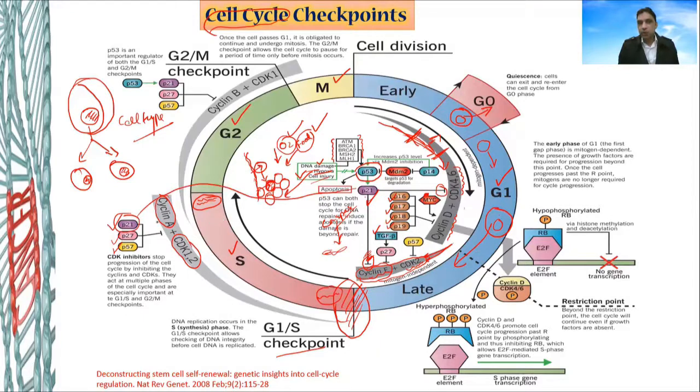So that P21 is also a strong inhibitor that can block the cyclin A and CDK as well. So if this is the one primary and strong cell cycle regulator, if the P21 is there, that means it is going to block the cells and push the cells not to commit for the cell division. And even if the cell is in S phase, it will slow down the S phase.